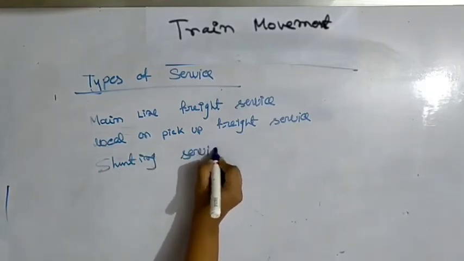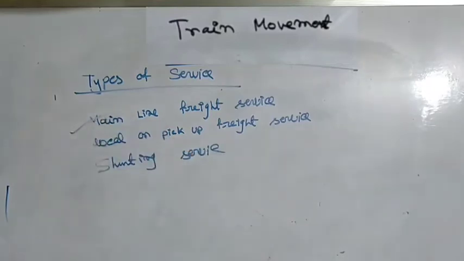Now mainline freight service consists of long distance trains usually fitted with continuous braking. Some of these trains may have a speed of 90 km per hour.